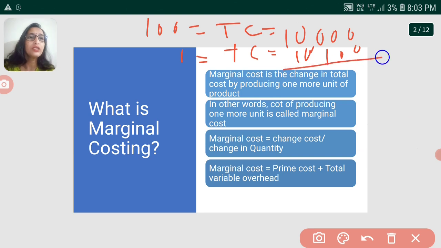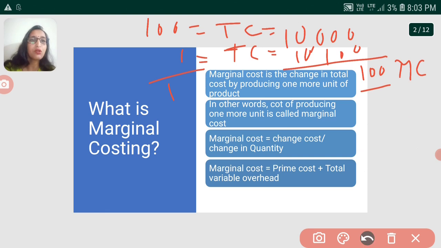So the difference is 100. This 100 rupees is the marginal cost value. Got my point? The total number of units is 101, and for this one unit the difference is 100. 100 is the marginal cost.